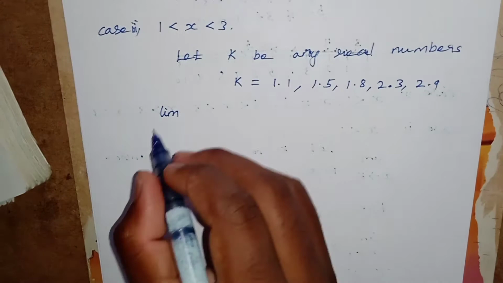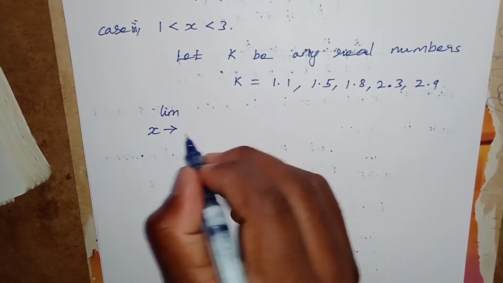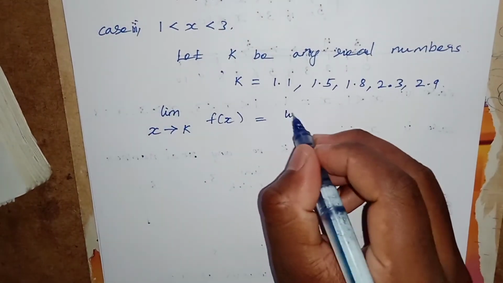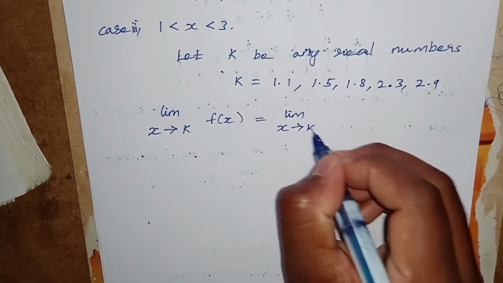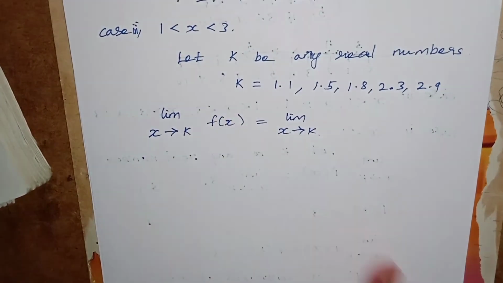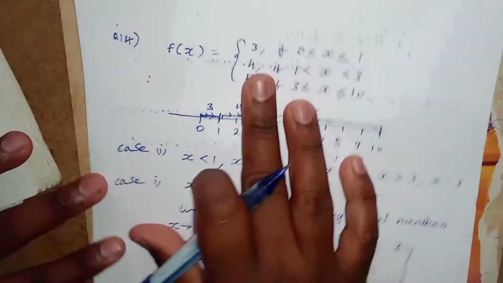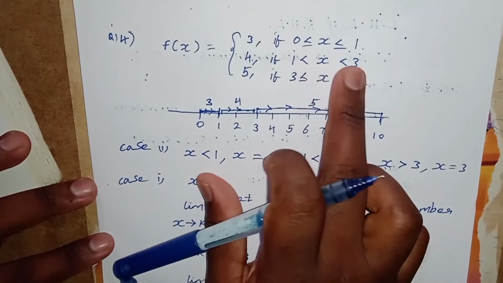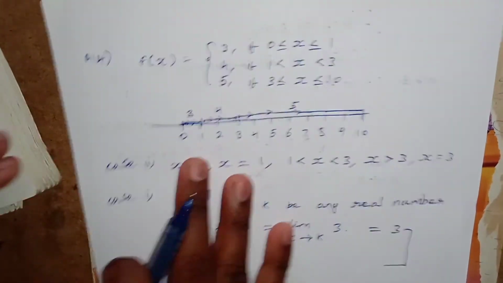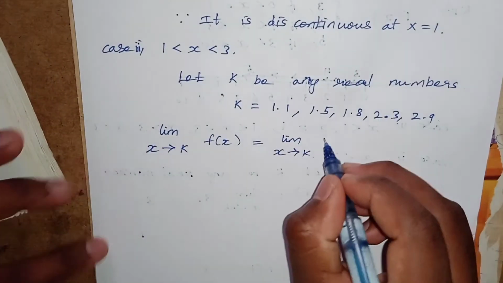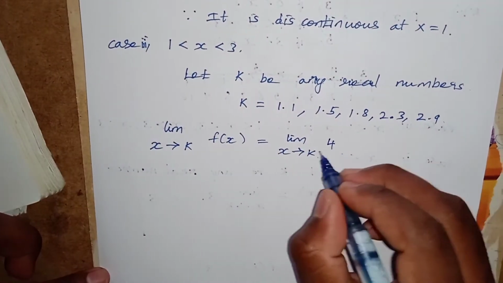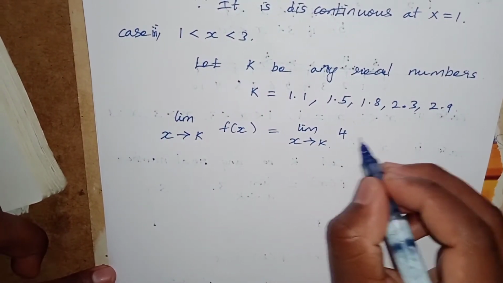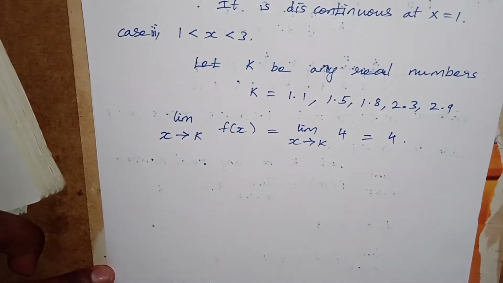Next, general formula, here limit x tends to k, f of x is equal to limit x tends to k. Here my function f of x is nothing but 4, for 1 less than or equal to x less than 3. Here my function is 4. Therefore here you have to substitute 4. There is no x present to substitute, therefore 4 is my answer.